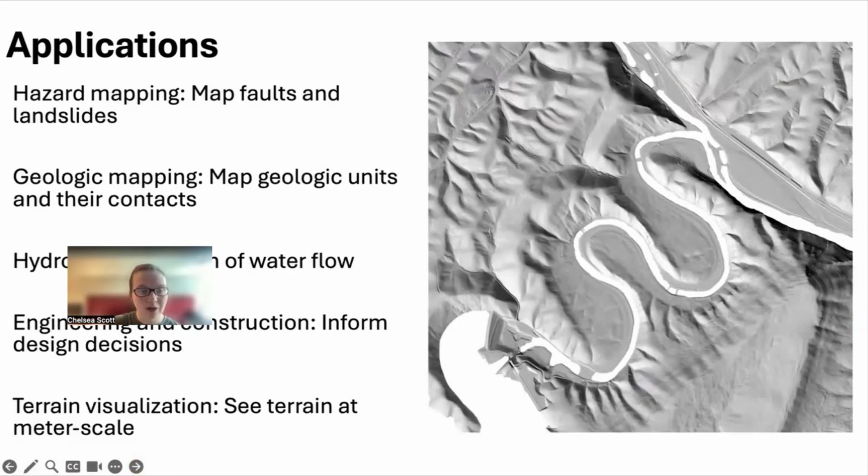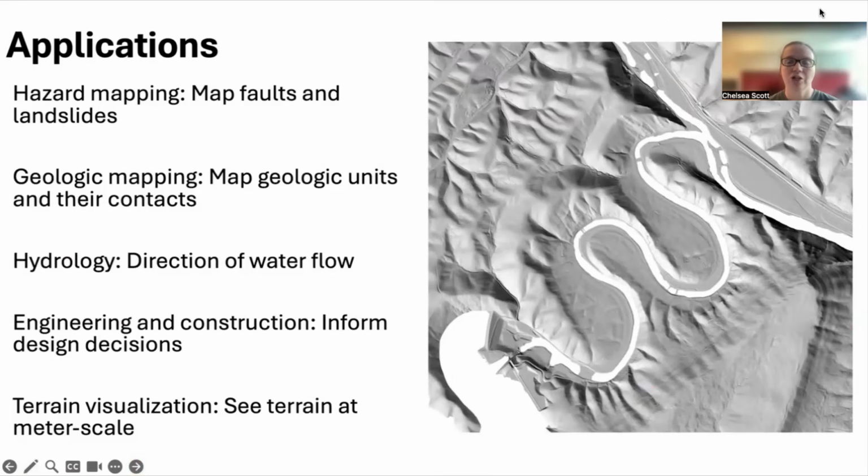So more broadly, what are the applications of digital terrain models? They can be used for hazard mapping, as I showed on the last slide. It can be used to map faults, also landslides. They're useful for geologic mapping, specifically for delineating different geologic units via their contacts. For hydrology, DTMs are useful for mapping the direction of water flow.